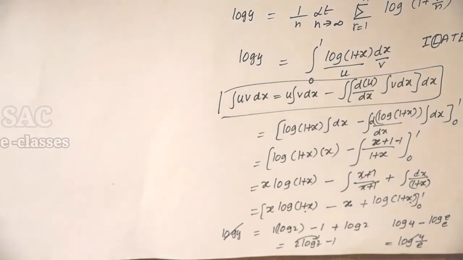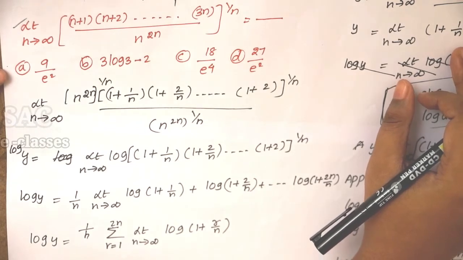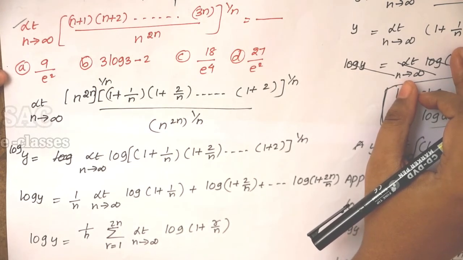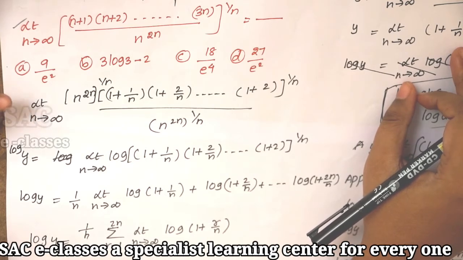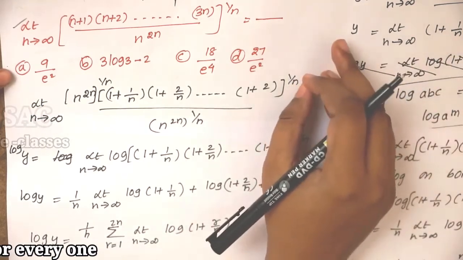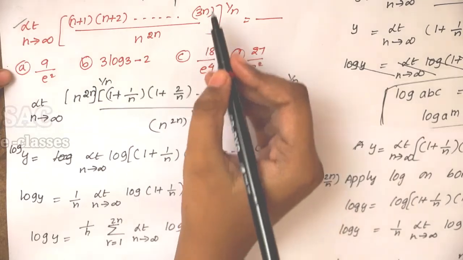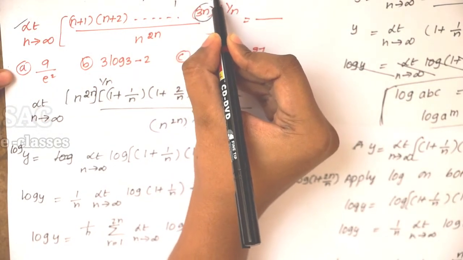Let's move to the next one. Now look at the problem. Limit n tends to infinity (n plus 1)(n plus 2) and so on up to 3n, whole power 1 by n power 2n. This problem is exactly similar to the previous problem we have discussed. Here 2n terms are there, because we can write 3n as n plus 2n.